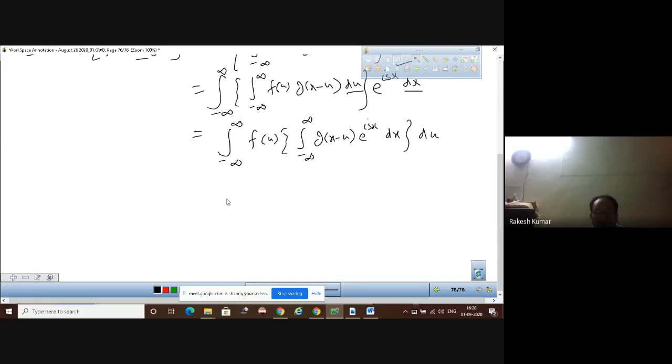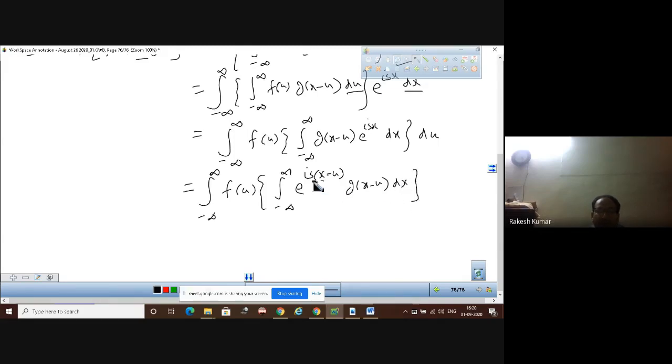And in the next step, this is the integral from minus infinity to infinity of f(u), which will be as it is. We will write the integral from minus infinity to infinity of e raised to power iota s x. So in place of x, I am going to write x minus u, with d of x minus u, into dx.